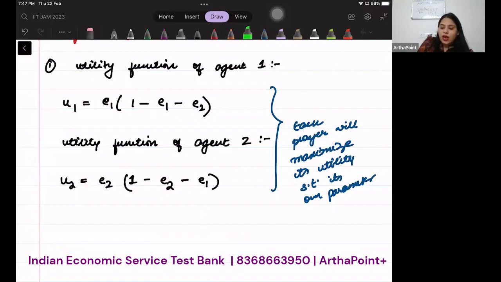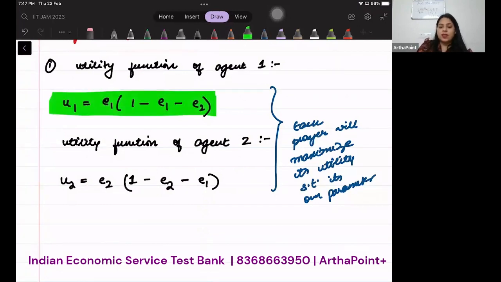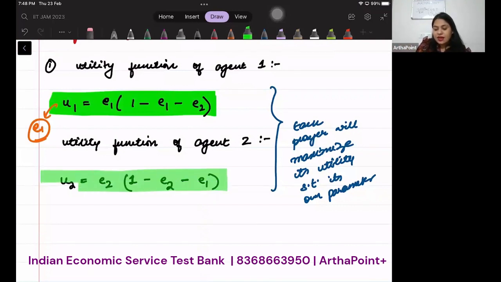Meaning, what does agent 1 have under its control? What is agent 1 controlling? Agent 1 can only control its amount of effort. Agent 1 cannot do anything about the other's effort. It can only control its own effort. Similarly, agent 2 can also control its own effort.